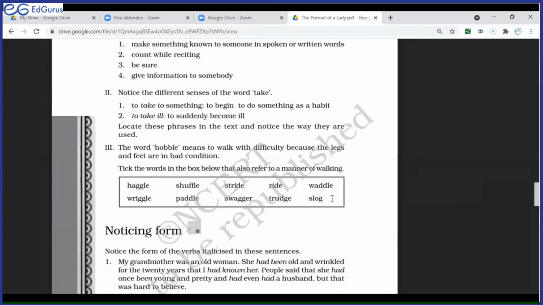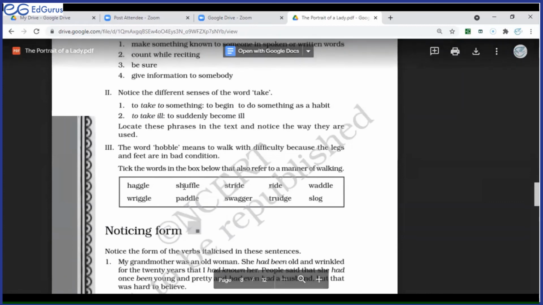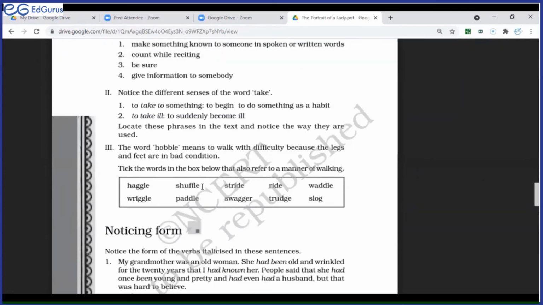Let me tell you the words which are used for walking. Shuffle. Shuffle meaning to walk dragging yourself, right? Then stride. Stride meaning you walk with long steps. All right. Swagger.